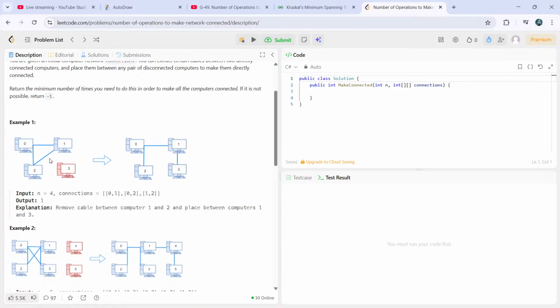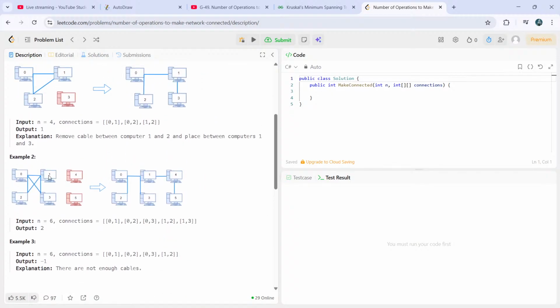By writing DSU, we can figure out the number of disjoint sets. There are possibly one, two, and three sets. If I have the number of disjoint sets, and the number of cables, counted as 1, 2, 3, 4, 5, is at least number of nodes minus 1, then I can create a spanning tree out of this. I don't need a minimum spanning tree, I just need a spanning tree. The problem is just whether I can create a spanning tree or not.